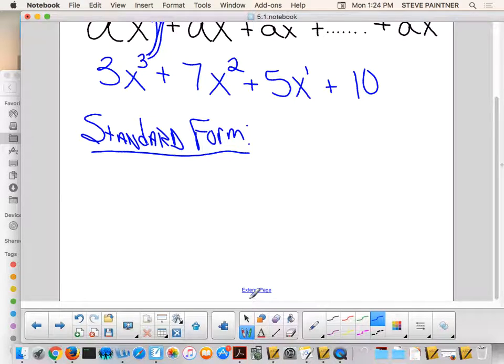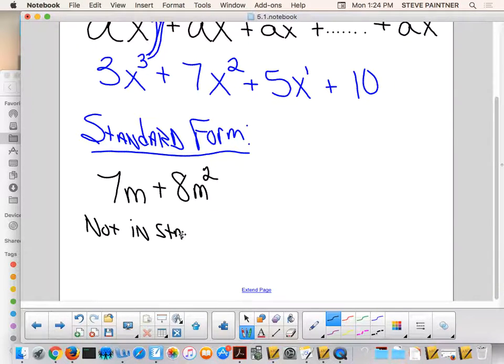So let me just give you one that's not in standard form. How about this? 7m plus 8m squared. Is that in standard form? No. If you read the definition, you'd say what? Not in standard form. Why not? What's supposed to be first? The highest power of your variable.